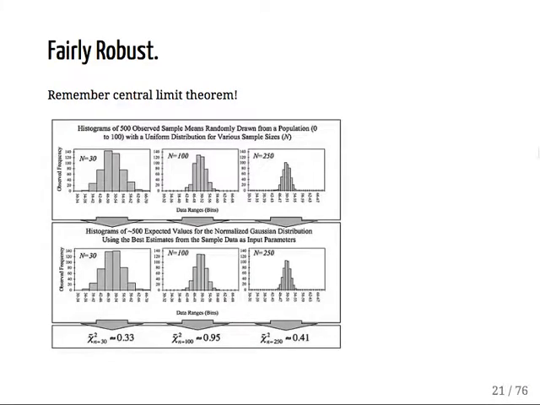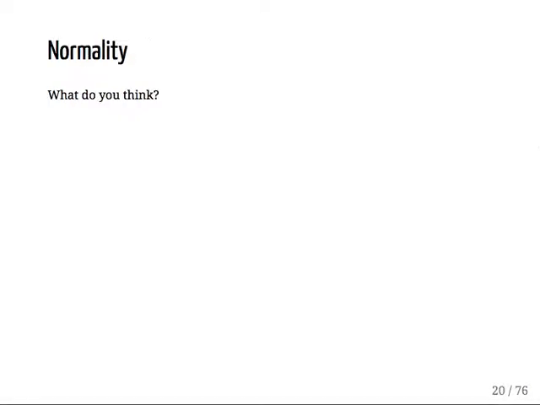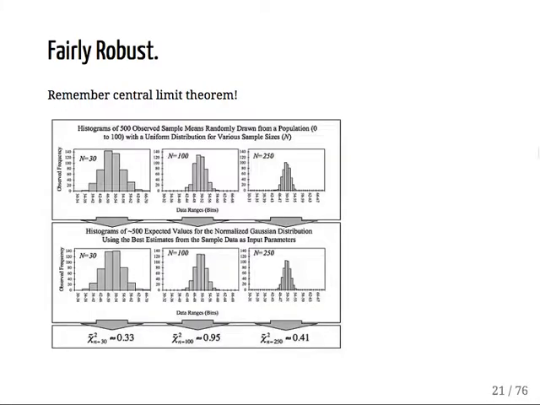So I answered that already: what do you think in terms of normality? Largely it's okay. And you should remember that you have the central limit theorem to help you. As your sample size goes up, deviations from normality become less of an issue for your statistical tests. If you go back to the central limit theorem, as we sample larger and larger samples, we can make stronger inferences that our tests are in fact robust.